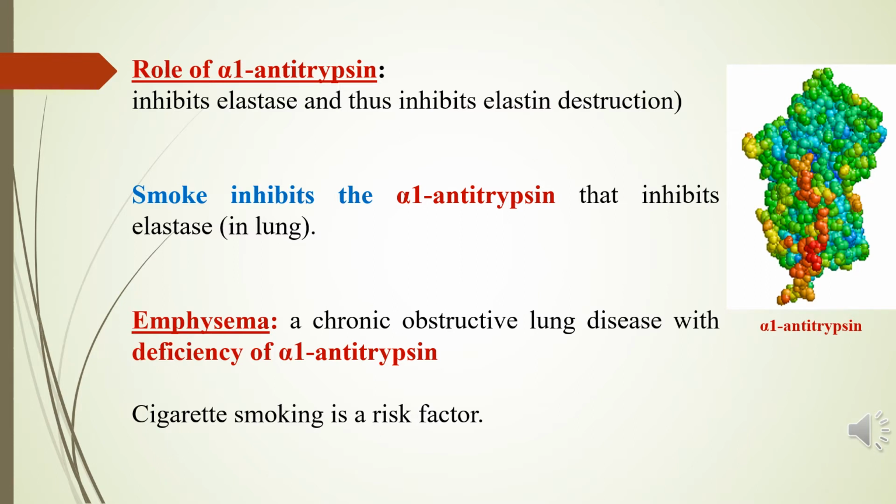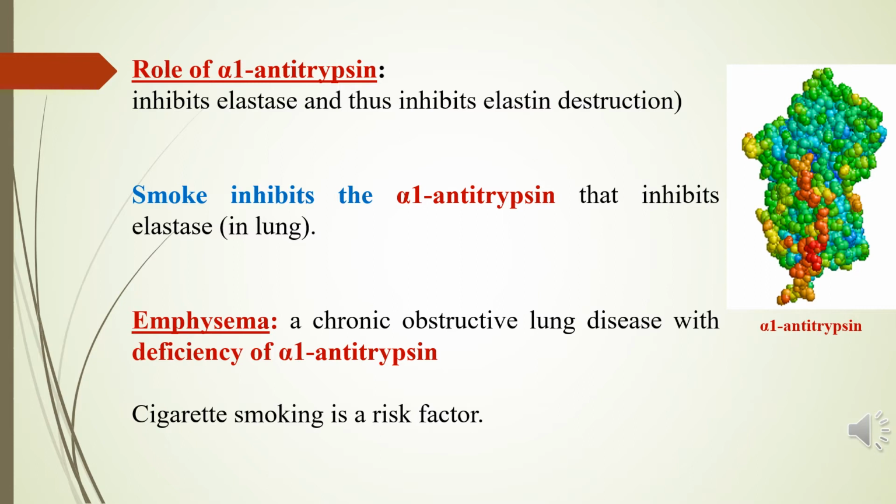and there is deficiency of alpha-1 antitrypsin, especially in chronic smokers. Smoke inhibits the alpha-1 antitrypsin, and thus elastin of the extracellular matrix is not protected, especially in the lungs.